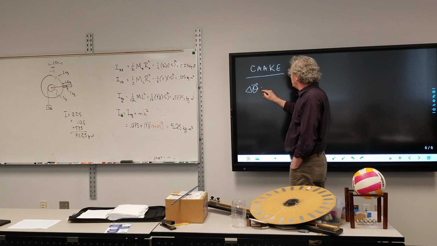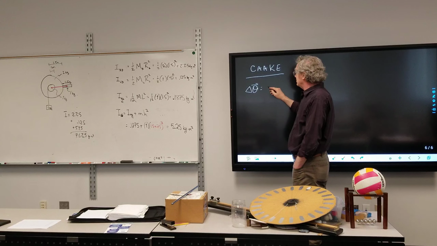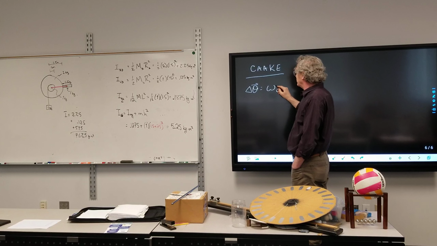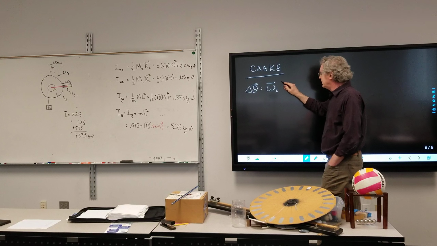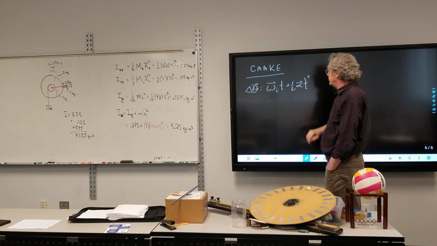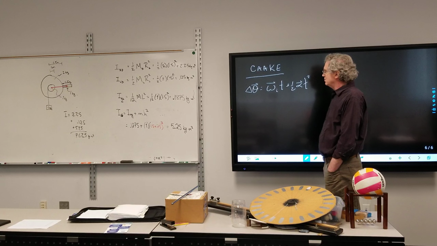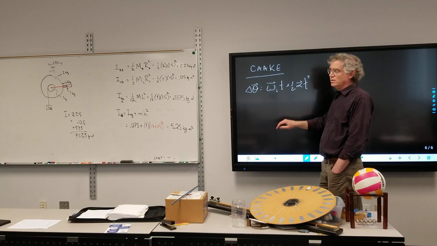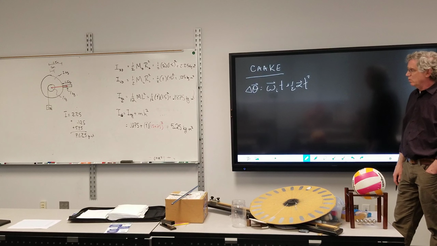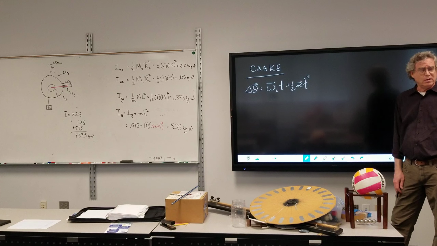Delta theta equals initial omega times t plus 1/2 alpha t squared. All right, here's one. But we don't know time. We don't know how long it's going to take to go around. We could use this to find the time, or we could use one of the other equations, however you want to do it.